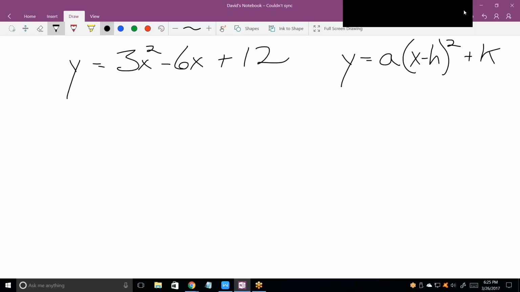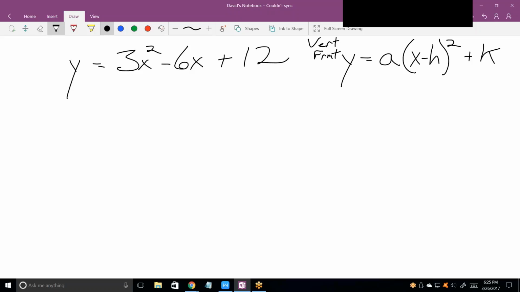So there's a huge reason why we have what is called the vertex form. The idea is to take this format, which is more of a standard format, and convert it to vertex format. The way you do it is a process called completing the square.